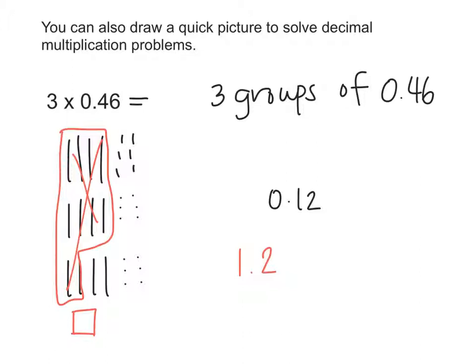Now let's do the same thing with our hundredths. How many hundredths do I have, Yanming? 18, right? Count them. 18. And do I write that like this? Oh, how do I regroup?